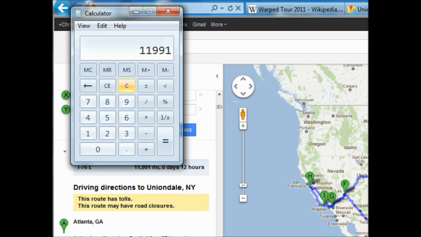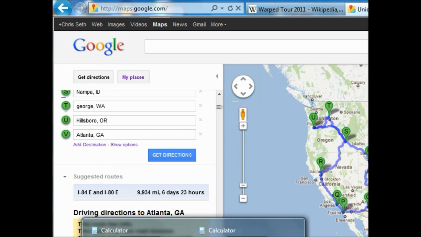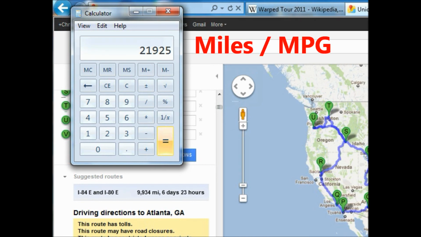11,991 plus 9,934 equals. So 21,925 miles.